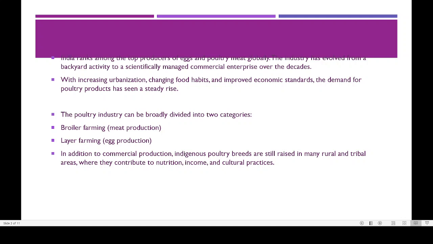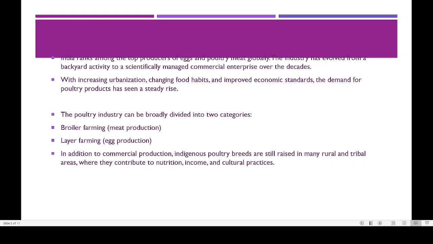Only by rearing a lot of hens and chickens will we be able to meet this demand. That is the scope of this industry, because there is always a demand. If you have a chicken meat center and you are selling good quality chicken meat, people will be coming to your place.